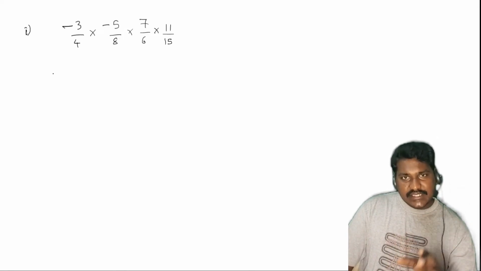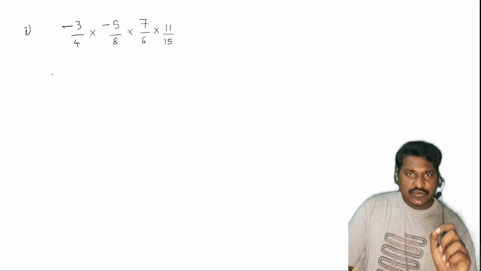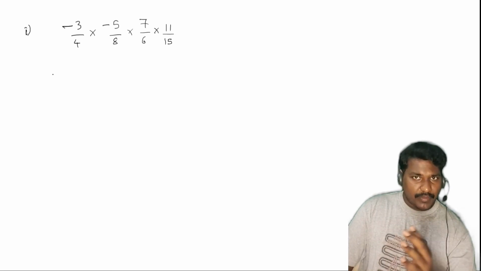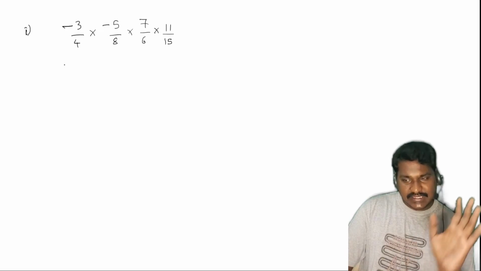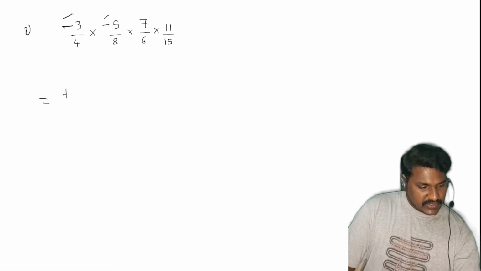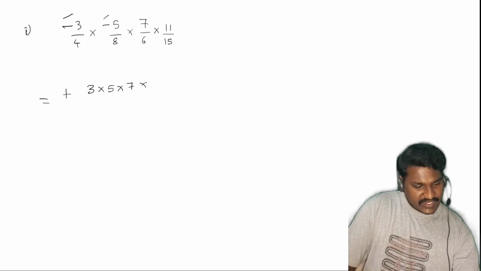Whenever the fractions are under multiplication, we just have to multiply all the numerators and all the denominators. It is as simple as that. So first check the minus symbols. Minus into minus is plus. So the answer is 3 into 5 into 7 into 11 divided by 4 into 8 into 6 into 15.